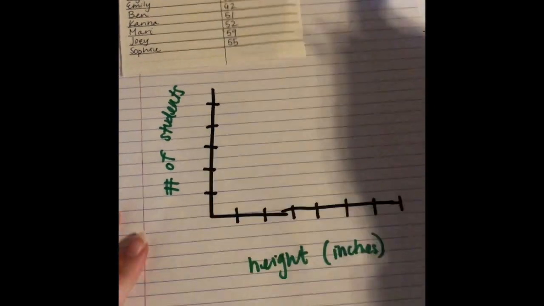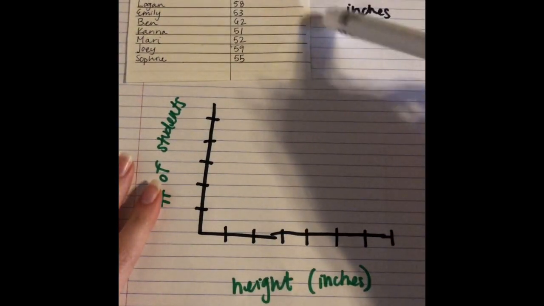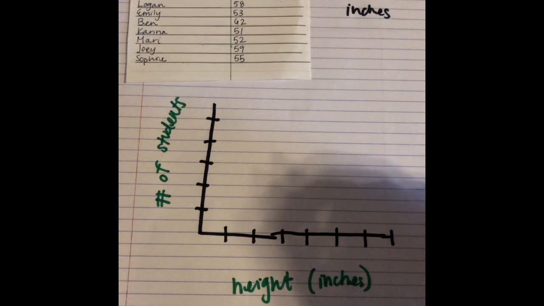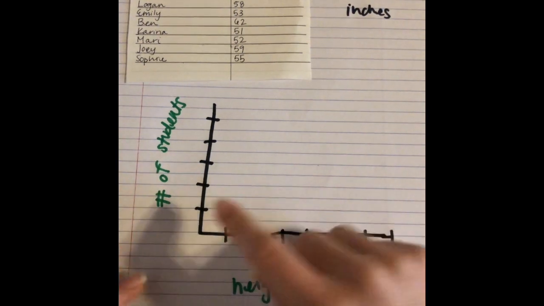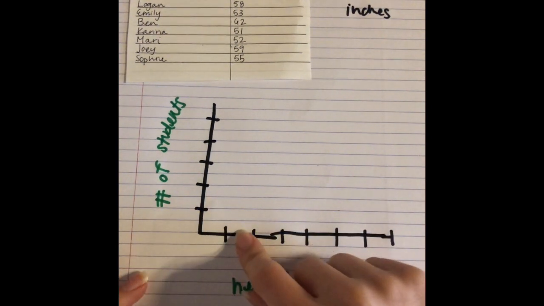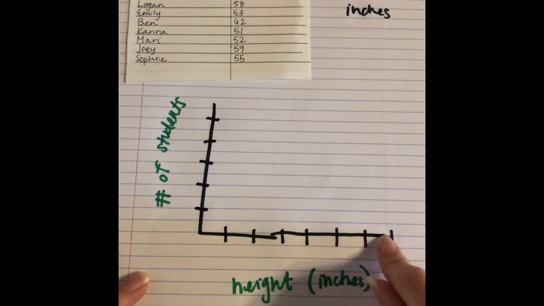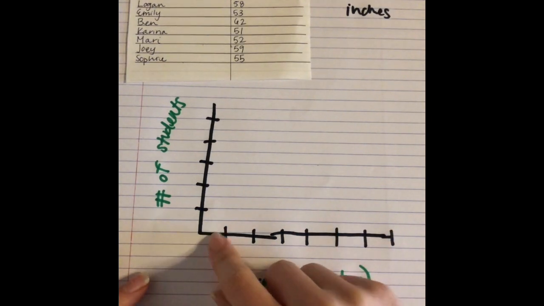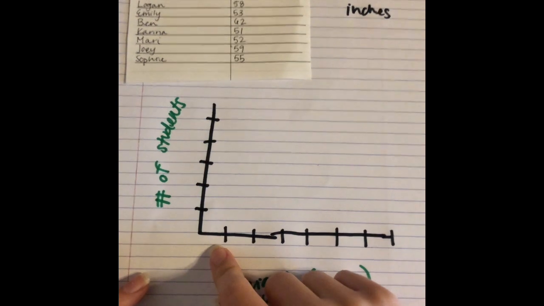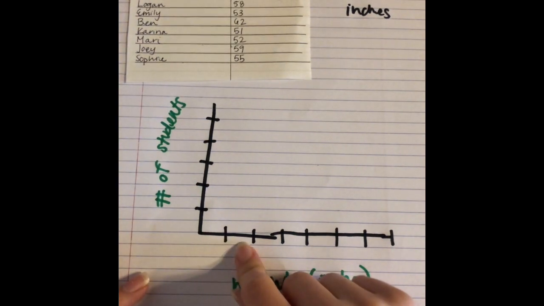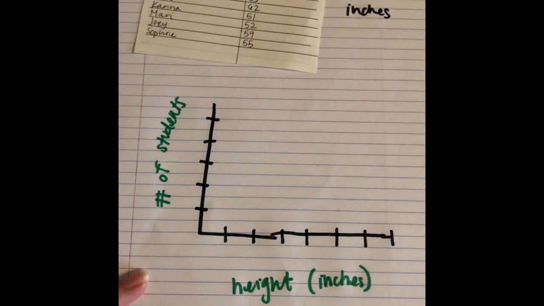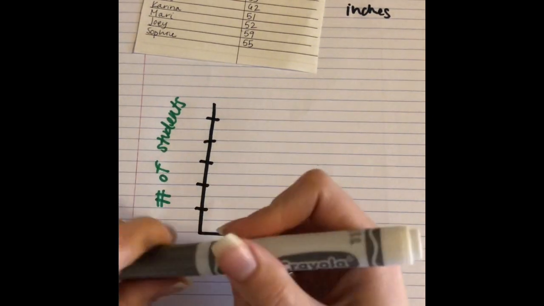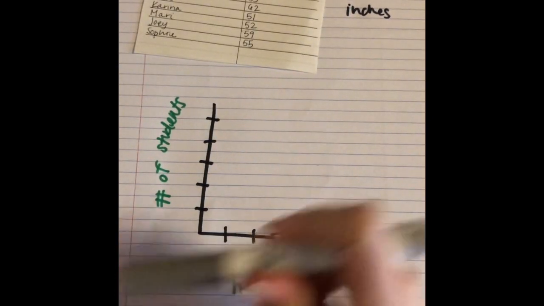Next, we're going to go back to the top of our thing where we talked about the low and our high. So I'm thinking that we should do each of our bins with 2 inches each, which means that this first bin would be heights 51 to 52, and then 53 to 54, 55 to 56, 57 to 58, and so on. So I'm going to label that right now very quickly.